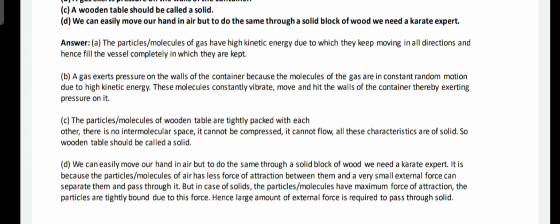Their particles are very far from each other, and a very small external force can separate them and pass through. But in case of solid, the particles have maximum force of attraction. The particles are tightly bound due to this force. Hence, a large amount of external force is required to pass through a solid.